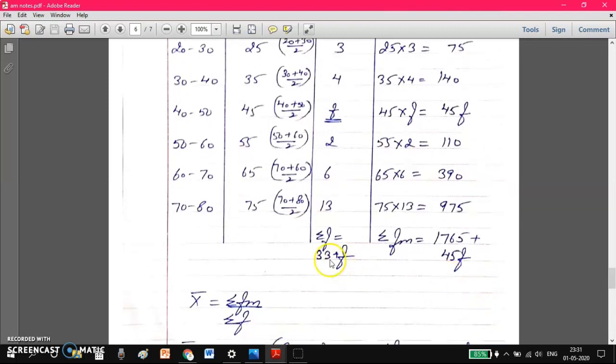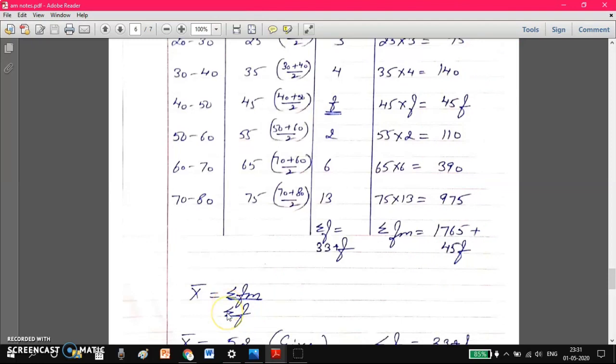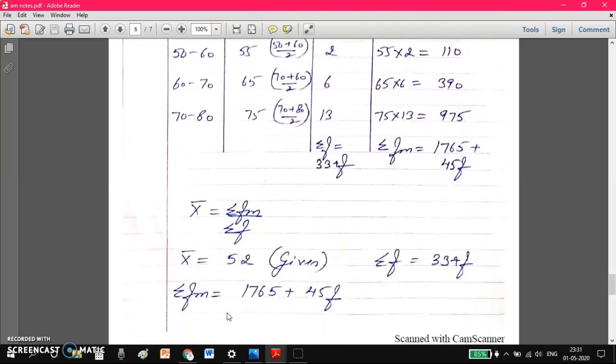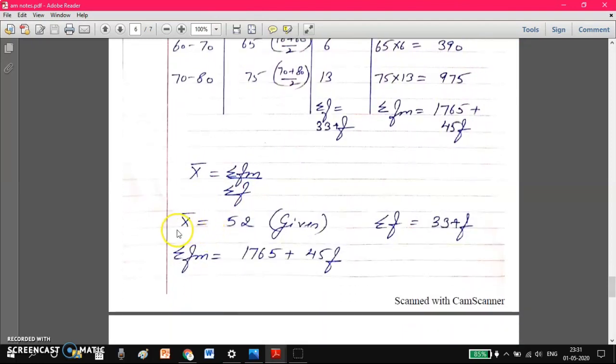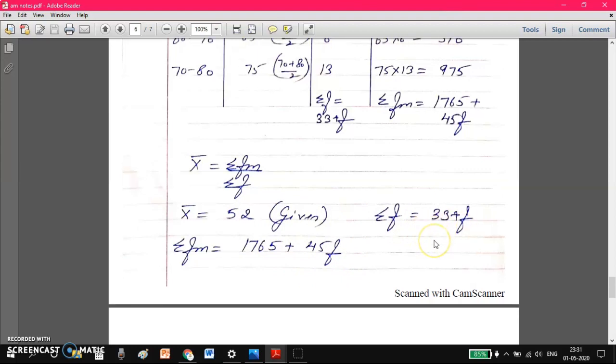The total of f we wrote as 33 plus f, and in the total of fm we write the sum of all the other numbers plus the term containing f. So the direct method will be followed. We have everything with us. The mean is already given, that is 52. Summation fm is equal to 1765 plus 45f, because we have to mention that plus sign here as well, and summation f is equal to 33 plus f.